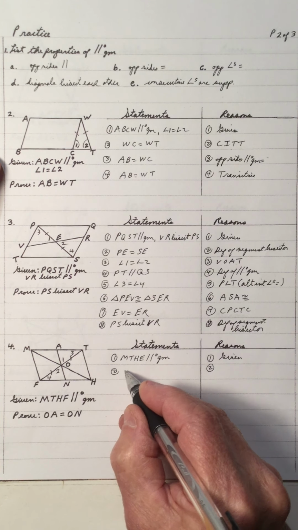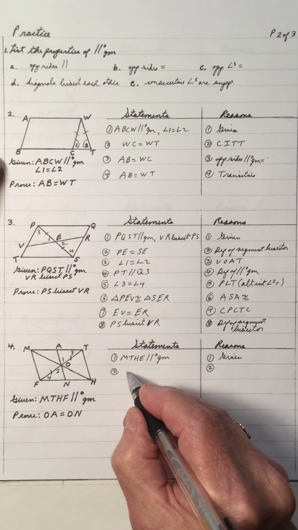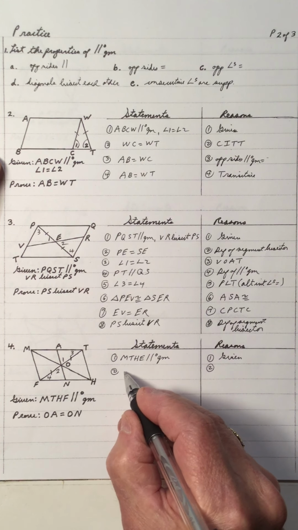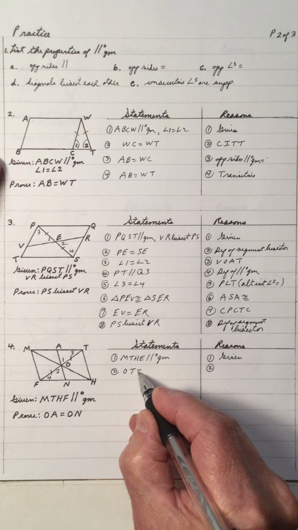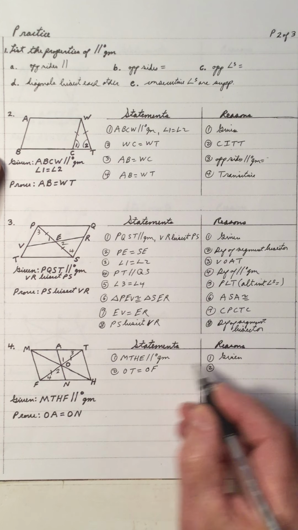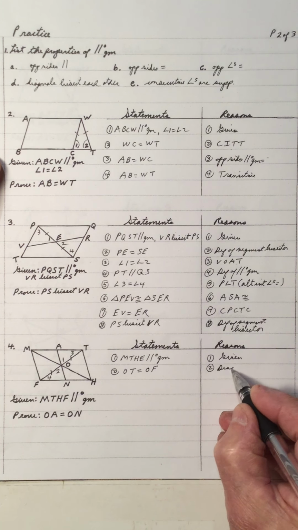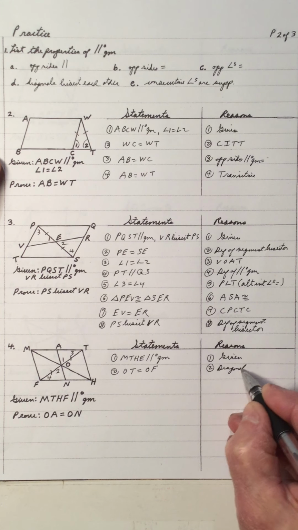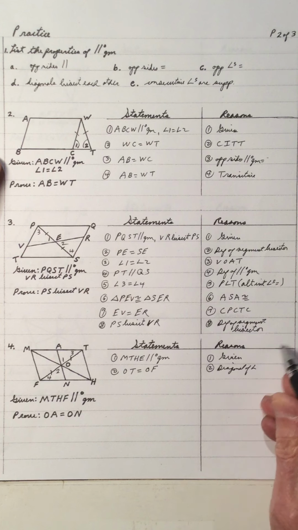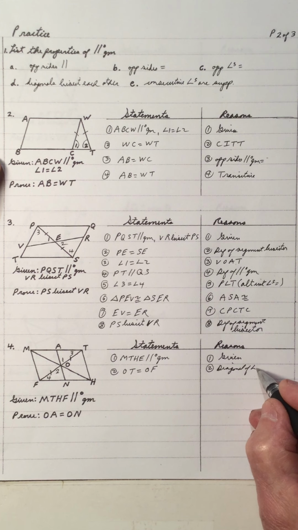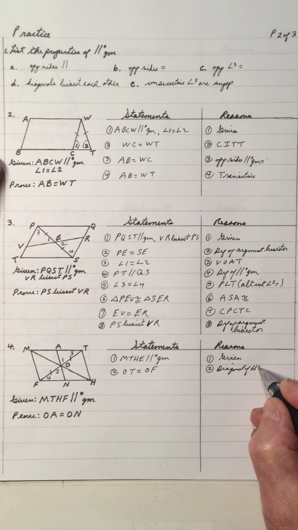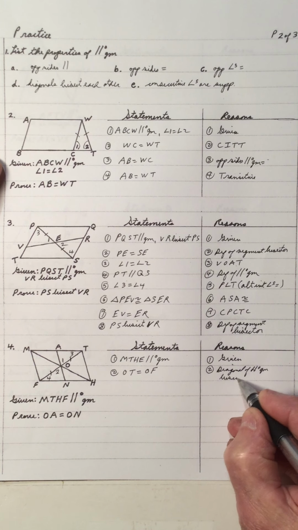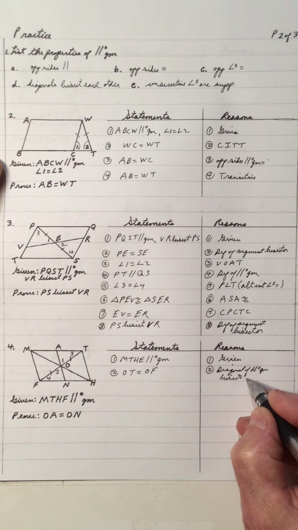So let's go with, let's see, we'd say that OT equals OF, diagonals of parallelogram, diagonals of parallelogram bisect each other.